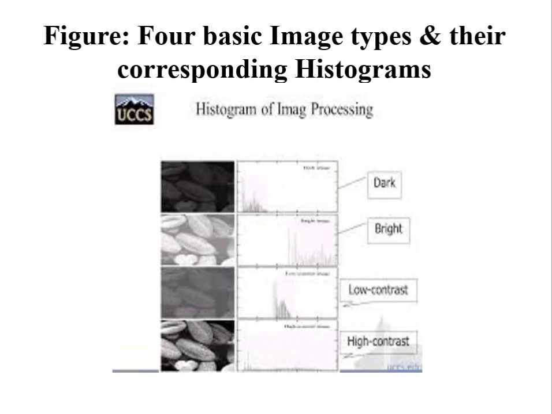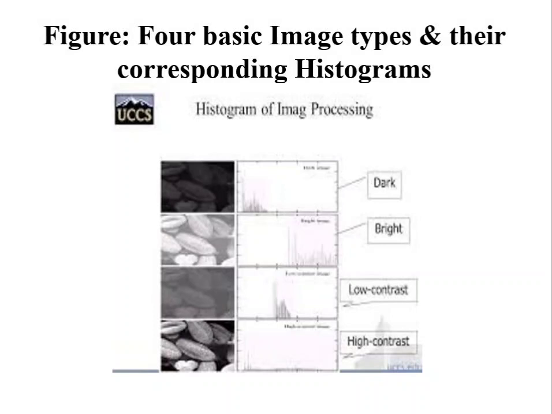This figure shows the four basic image types that are dark, light, low contrast, high contrast, and their corresponding histograms. The right side of the figure shows the histograms corresponding to these images. The horizontal axis of each histogram plot corresponds to intensity values r_k.